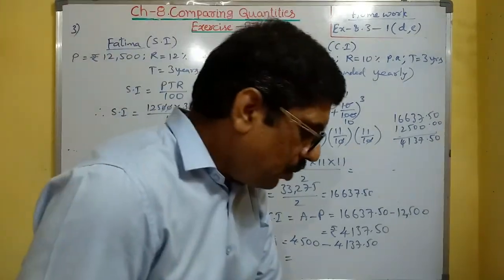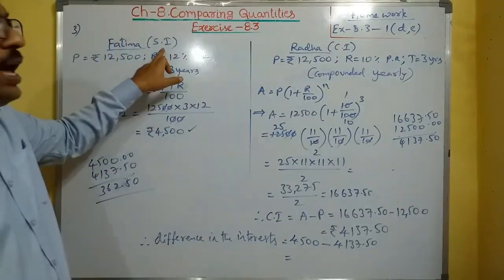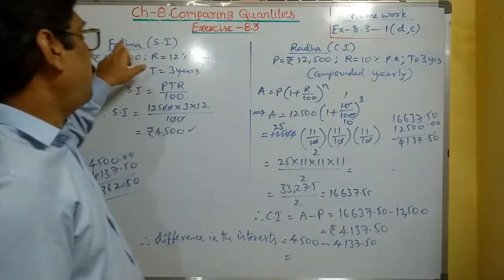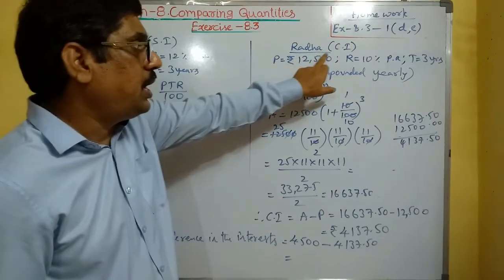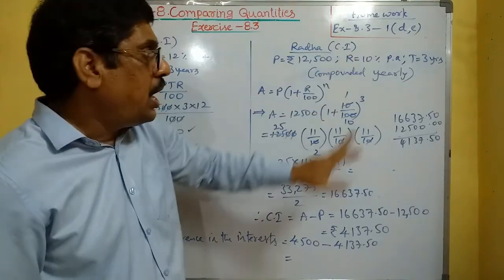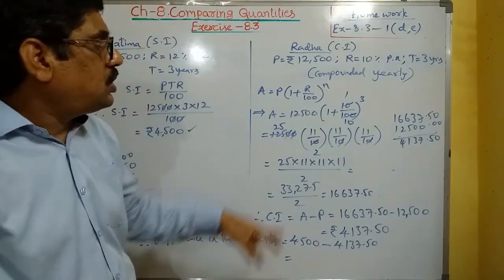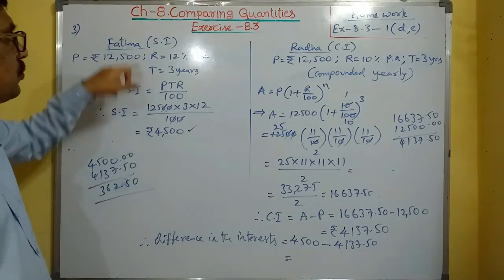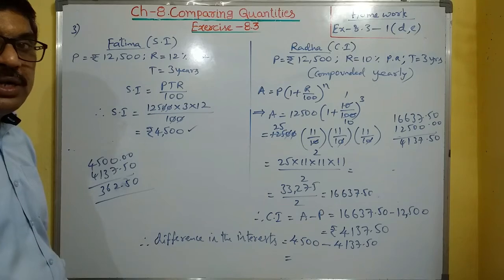So you may get a doubt. Actually, Fatima has taken the loan on simple interest and Radha has taken the loan on compound interest. Actually, we should get more interest for Radha. But why did we get more interest for Fatima, though it is simple interest?